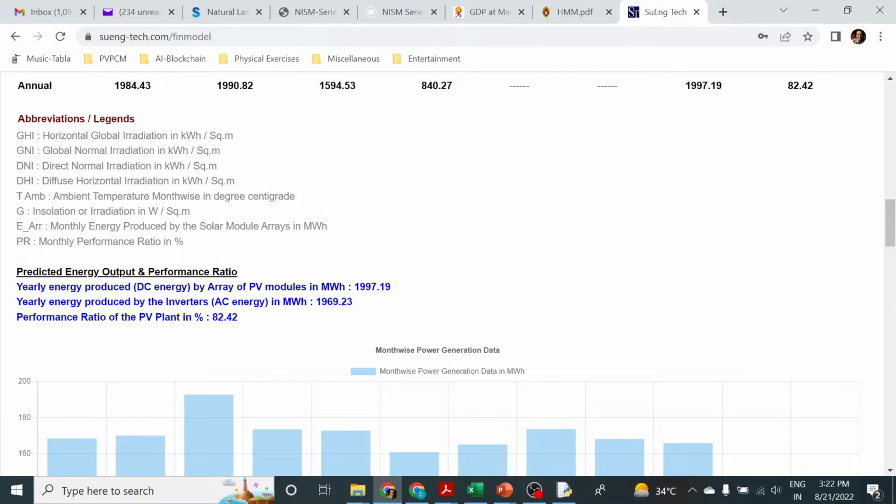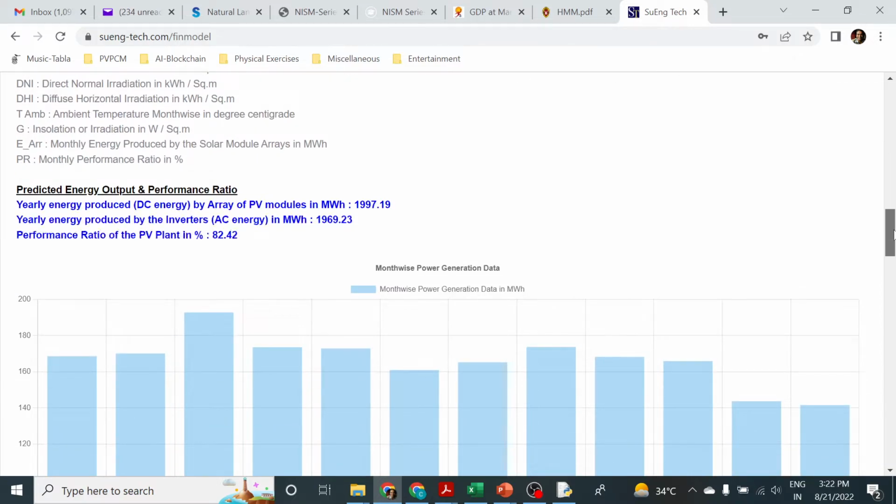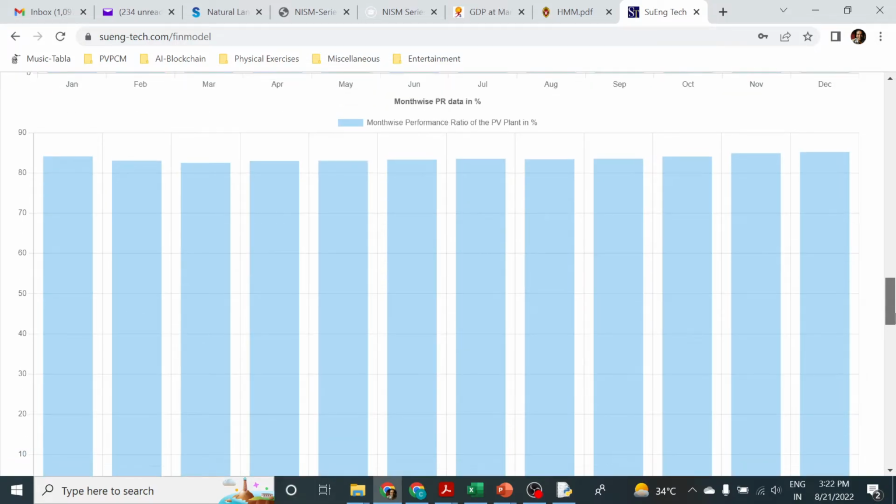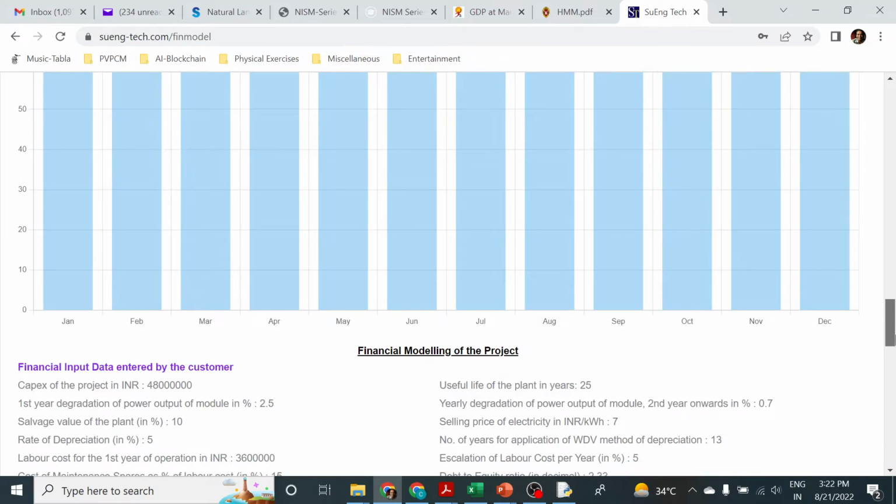What is GHI, what is GNI. The AC output, which is the useful output, is 1969.23 megawatt hour, and here below you can see month-wise yield, month-wise megawatt hour generation, and then this is the performance ratio month-wise.